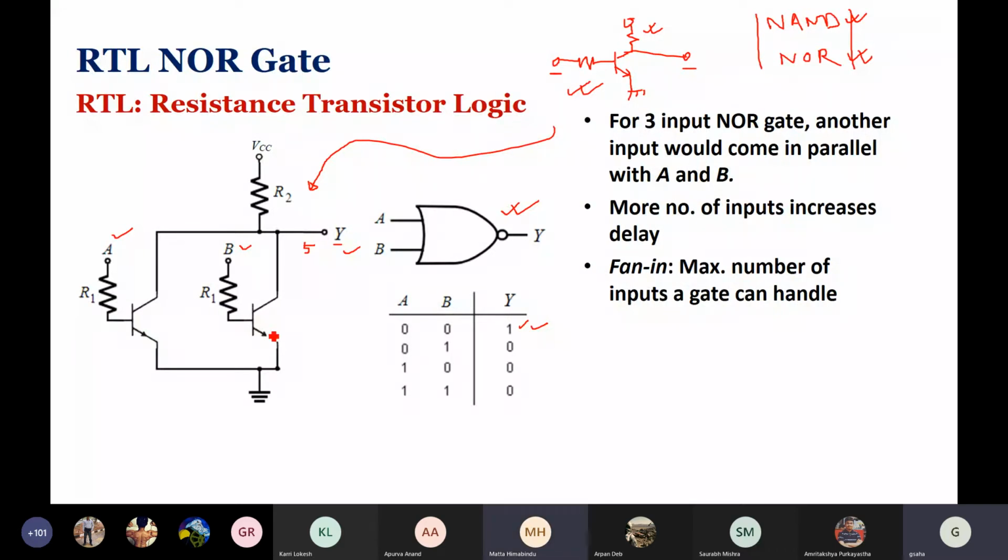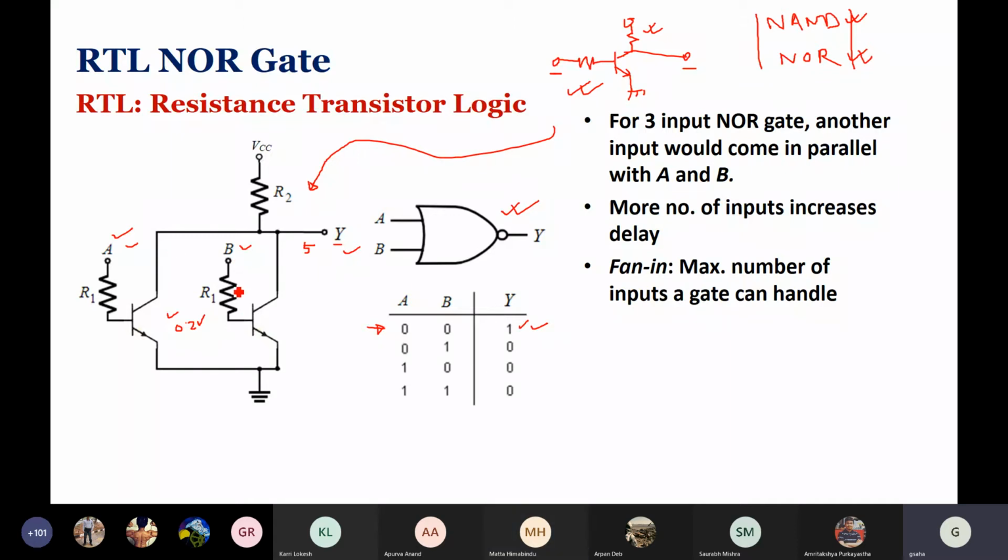When any of the inputs is high, there will be a path, so that transistor will be in saturation and Y will be 0.2, which is close to 0. So any one of them, A or B, is 5 volt, and that transistor will be in saturation. Saturation means the output voltage is 0.2 volt or a little less, maybe up to 0.1 volt deep into saturation.